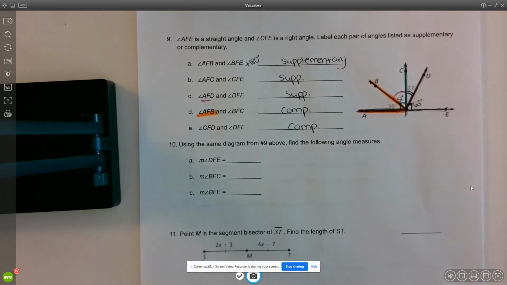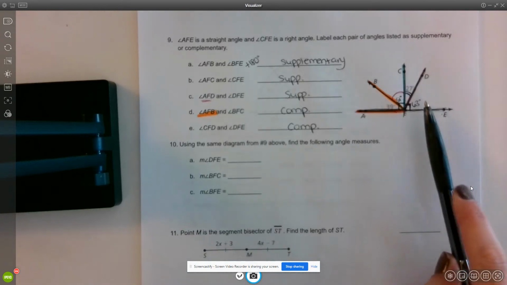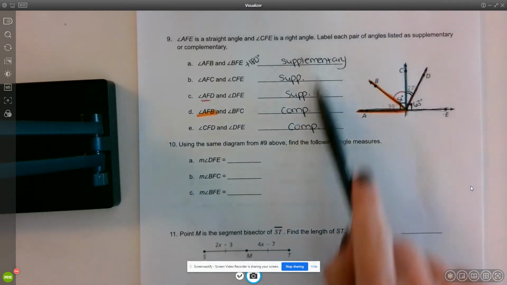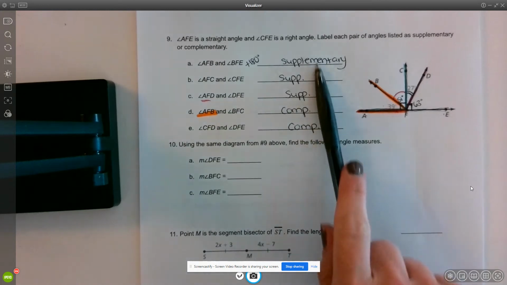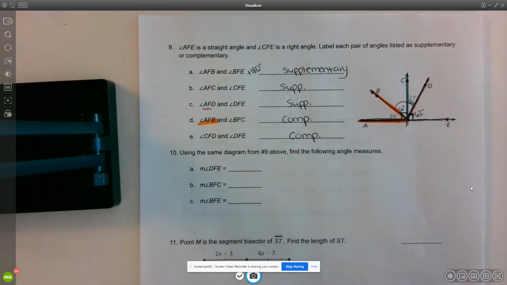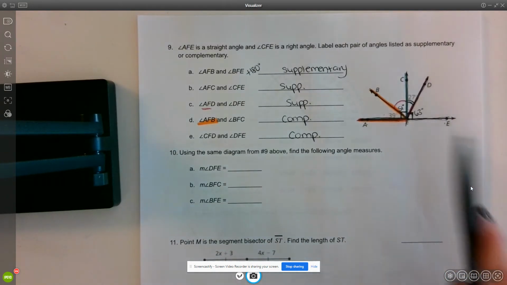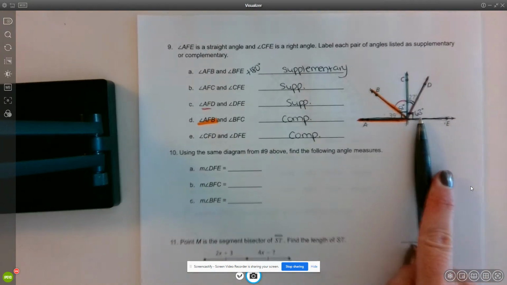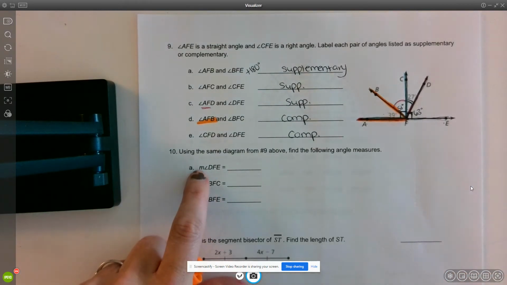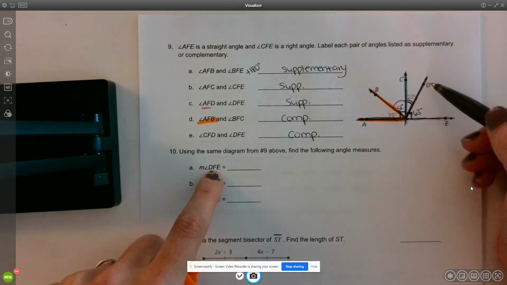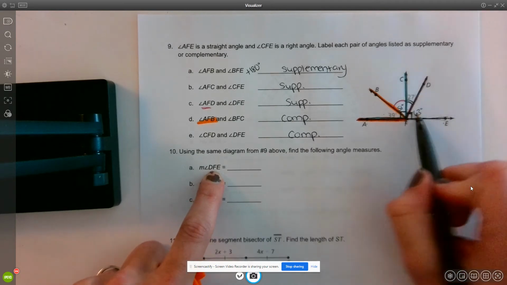Using the same diagram from number 9 above, find the following angle measures. I kind of already did that, so I used the picture to find angle measures and then specify whether they were supplementary or complementary. And so you might have been able to do these flip-flop like I did. The measure of angle DFE I found was 63 degrees.